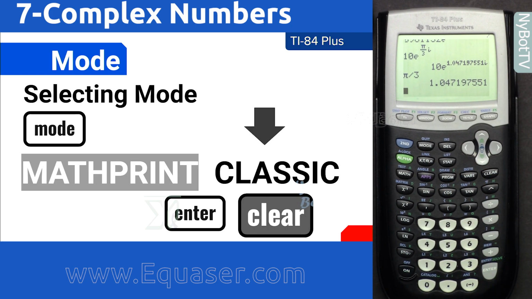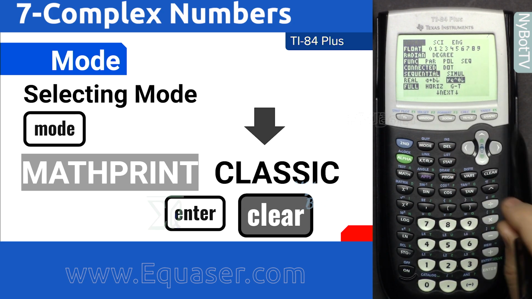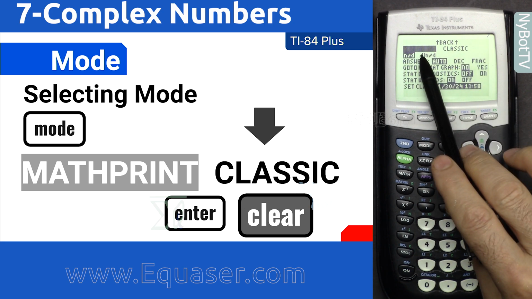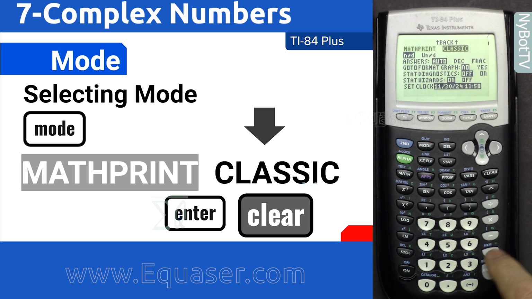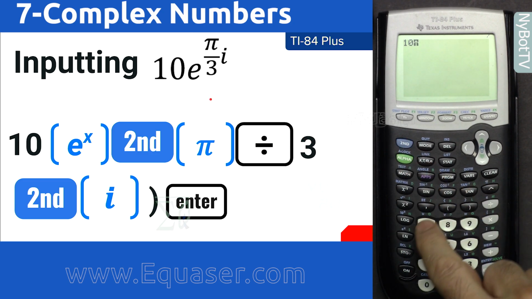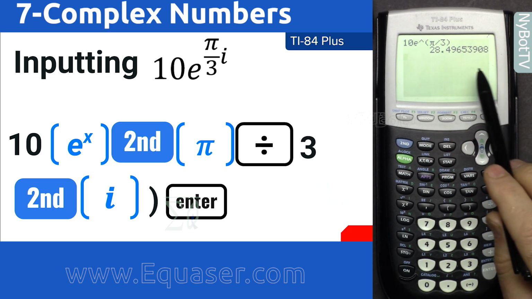Now select classic mode: press mode, and then scroll down on the screen until you see we are in math print mode. Go to classic, enter, and then clear. Now let's enter this value, 10, second function e to the power, and then press second function pi divided by 3, close the parenthesis and press enter.